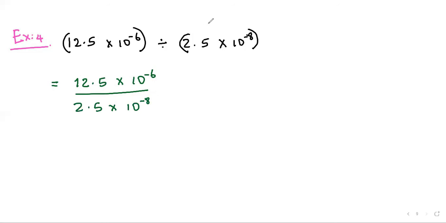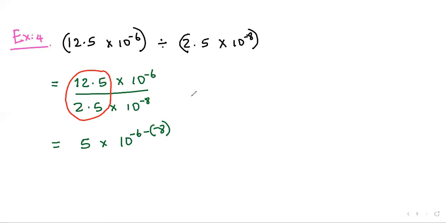Still the same. So let's get 12.5 divided by 2.5. Okay, that will give us 5. And let's get 10 to the power of negative 6 minus negative 8. We are using property 2 of exponents.